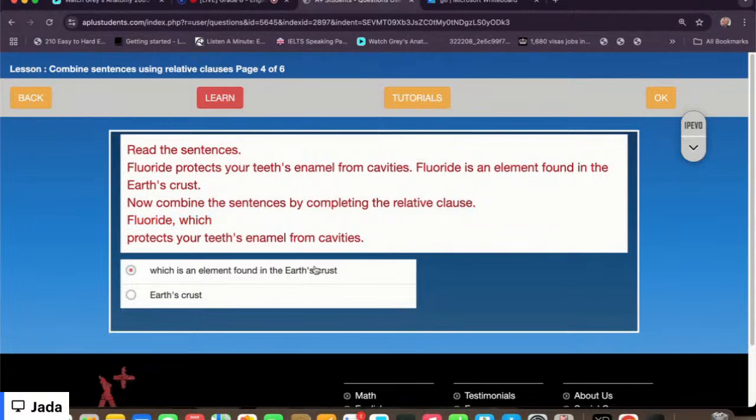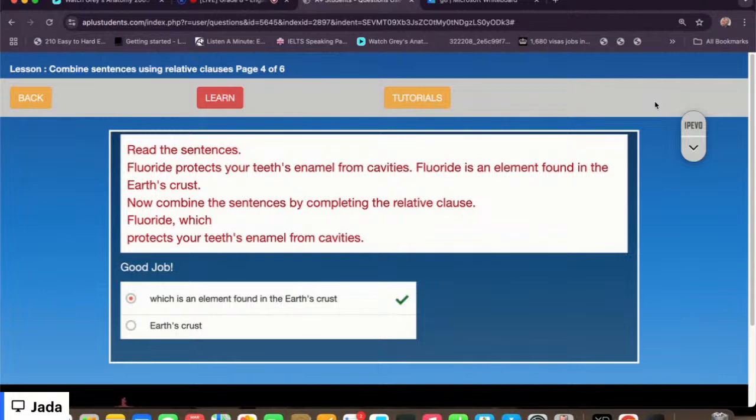Okay, so which is an element found in the Earth's crust?